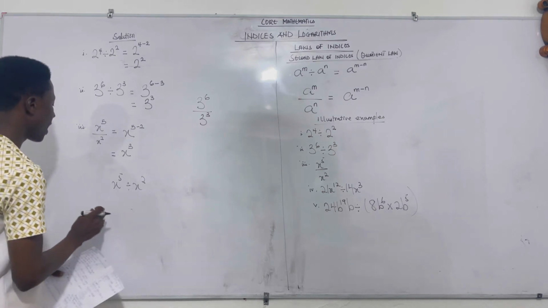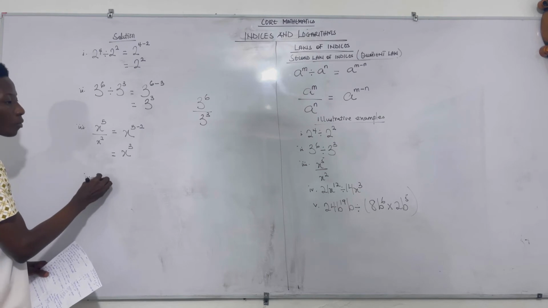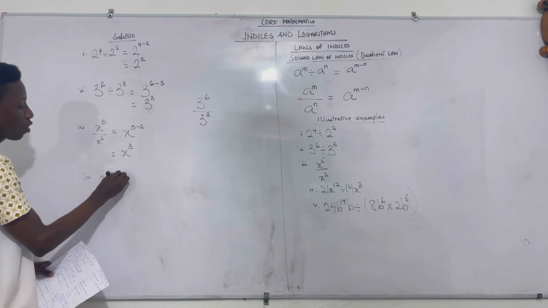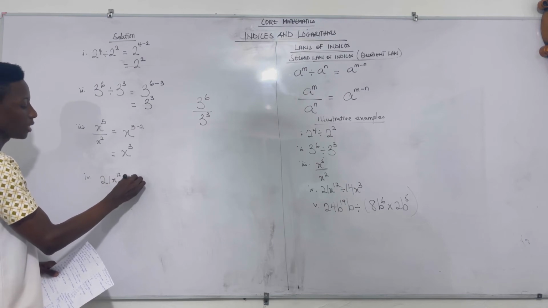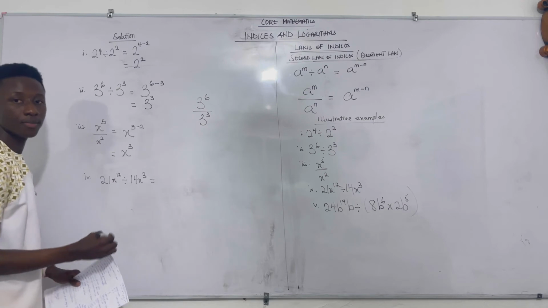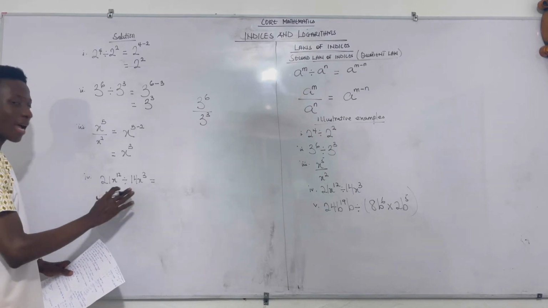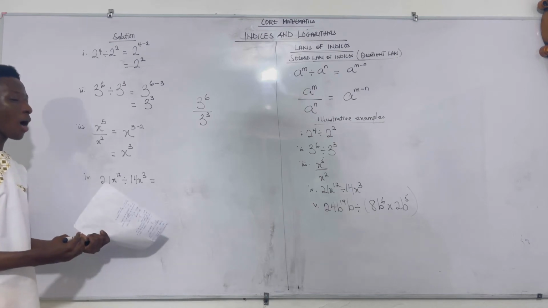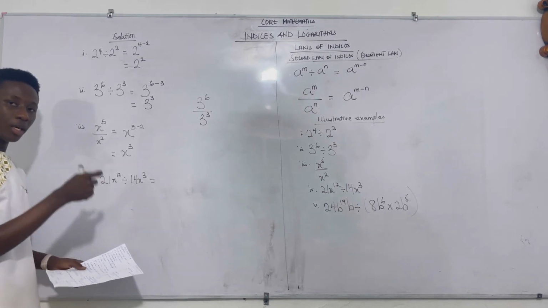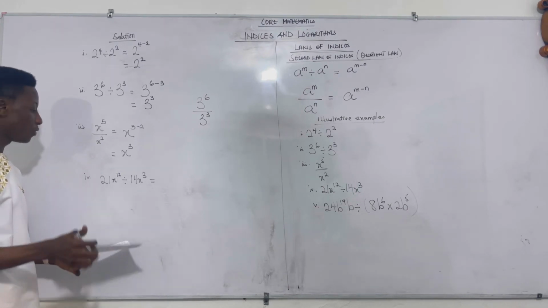Okay, let's look at the IV. 21x exponent 12 divided by 14x exponent 3. So what are we getting? They are dividing, okay? So now, over here, we will divide the numbers.